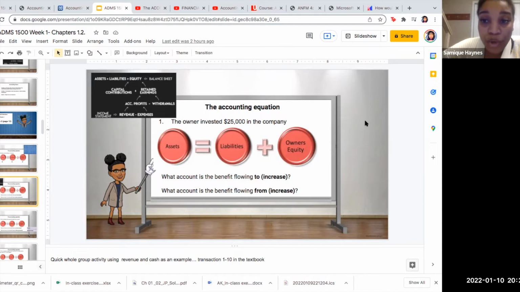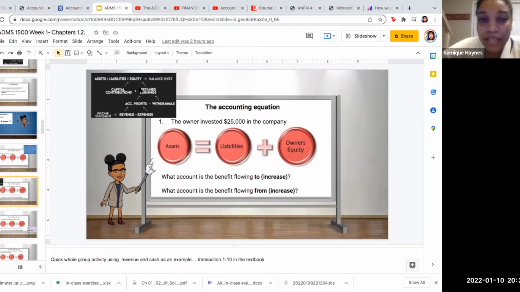So cash is going to go up by $25,000. So increase in cash. Now, as I said before, remember this diagram. What else increases if the owner invests money into the company? Somebody says capital contributions, and capital contributions is going to do what?